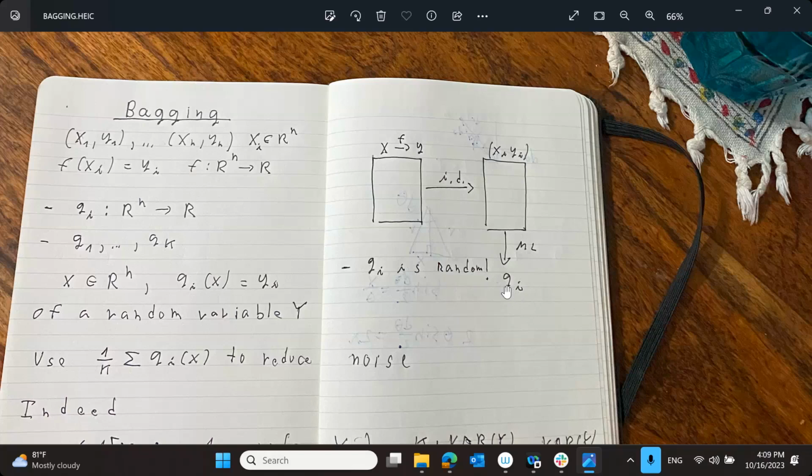So that's our setting, a standard regression setting. Any questions about the setting or comments?